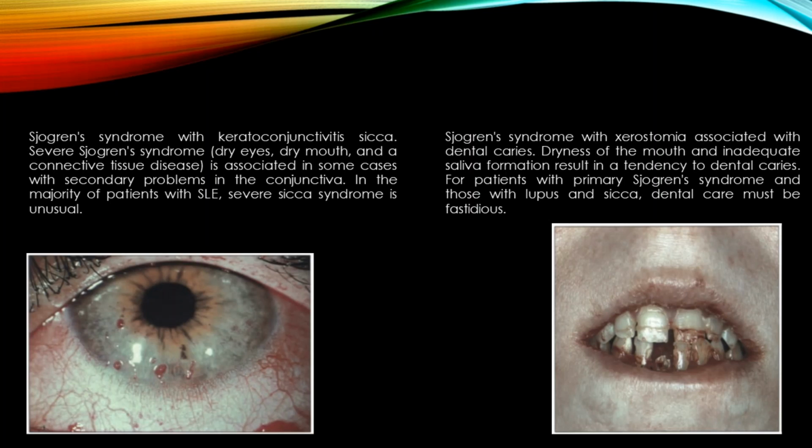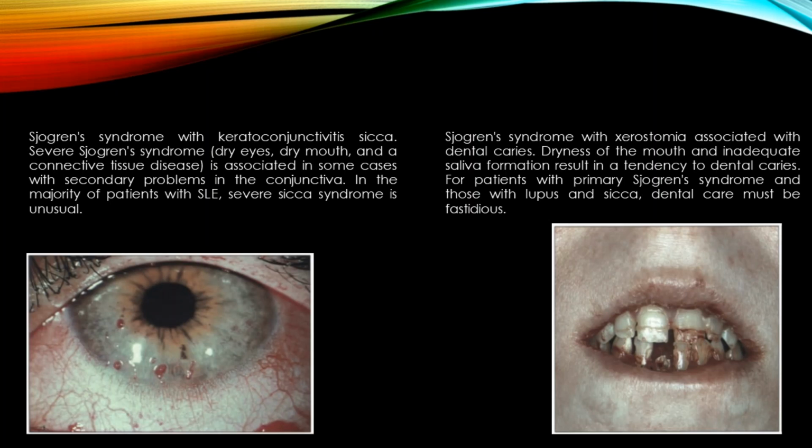Here is some manifestation of Sjogren syndrome. Sjogren syndrome with keratoconjunctivitis sicca, severe Sjogren syndrome, dry eyes, dry mouth, and connective tissue disease is associated in some cases with secondary problems in the conjunctiva. In the majority of patients with SLE, severe sicca syndrome is unusual.